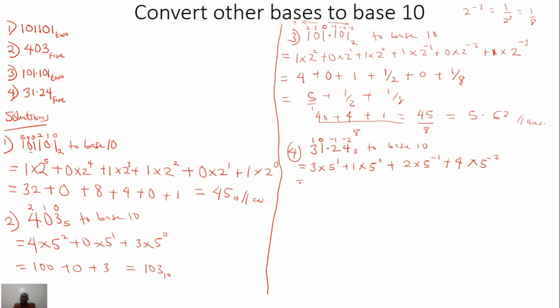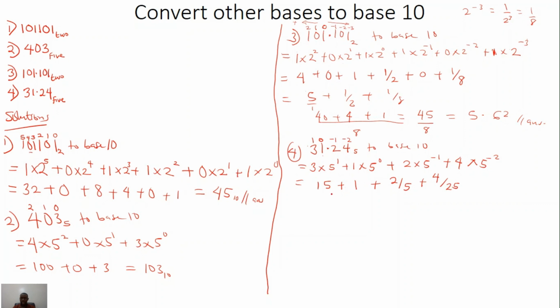Okay, if we evaluate this, this will be equals to 3 times 5 raised to power 1 will be equals to 15 plus 5 raised to power 0, that is 1 times 1, that is 1 plus 5 raised to power minus 1 is equals to 1 over 5, the way I evaluated this, and that will give us 2 all over 5 plus 5 raised to power minus 2 will be 1 over 5 squared, which is 1 over 25, times 4. That will be 4 all over 25.